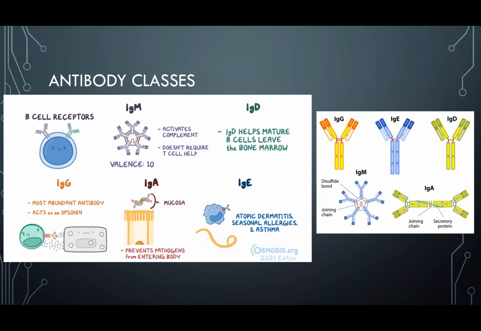Immunoglobulin G makes up 75% of immunoglobulin found in serum. Immunoglobulin G is a monomer with a valence of 2. There are 4 subclasses of immunoglobulin G: IgG1, IgG2, IgG3, and IgG4. The main role of immunoglobulin G is to act as an opsonin. Immunoglobulin G is good at activating the classical complement pathway too.